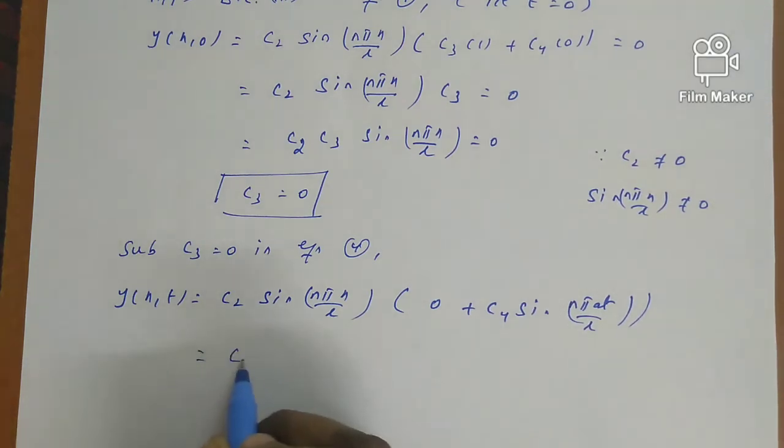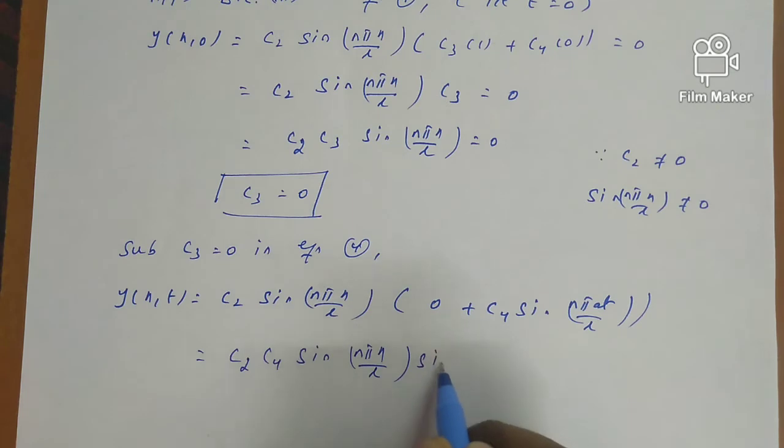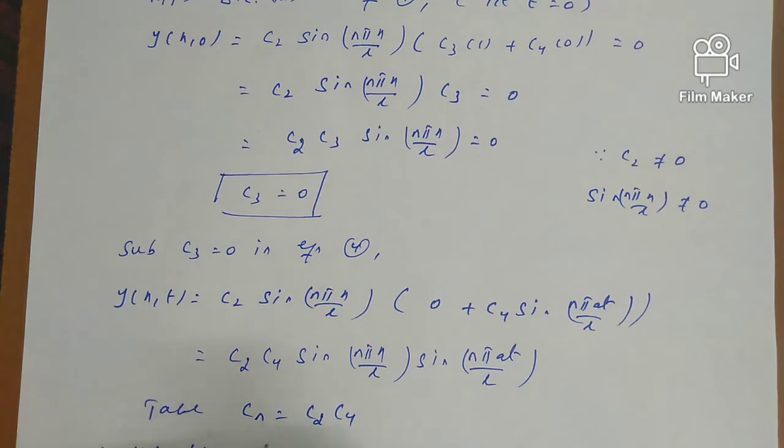So this can be written as C2 C4 sin n pi x by L into sin n pi at by L. So instead of writing C2 C4, we can take Cn equal to C2 C4. Therefore the displacement function y of x comma t equal to Cn into sin n pi x by L into sin n pi at by L.